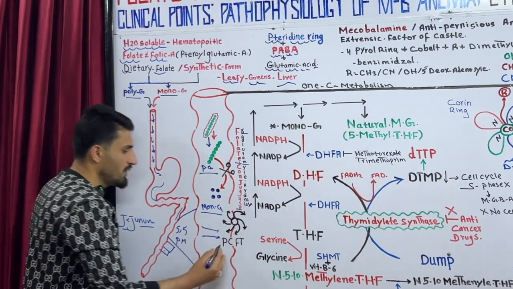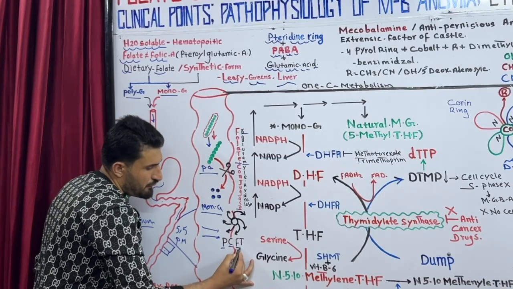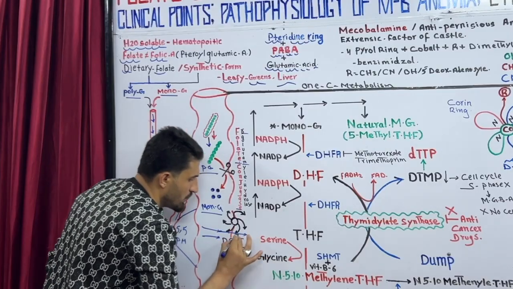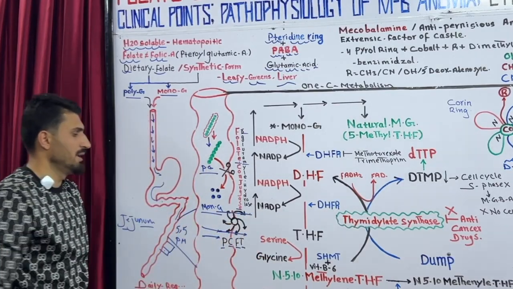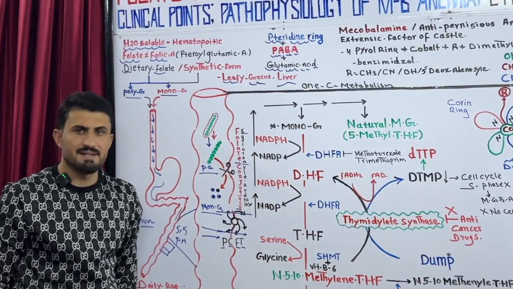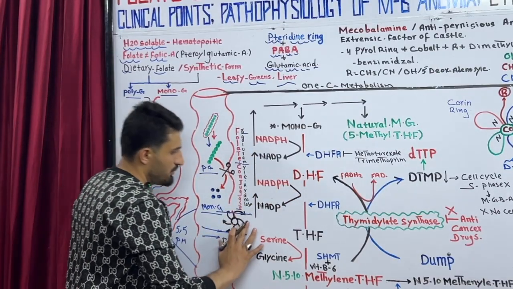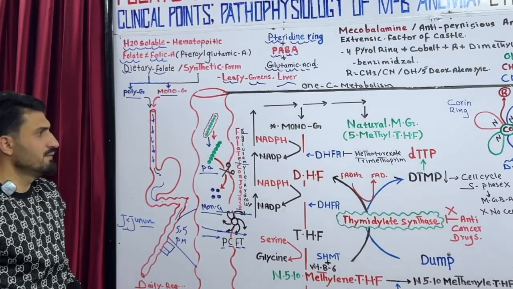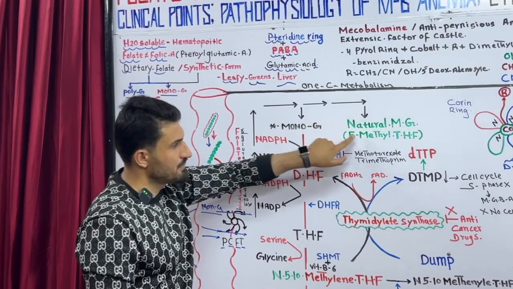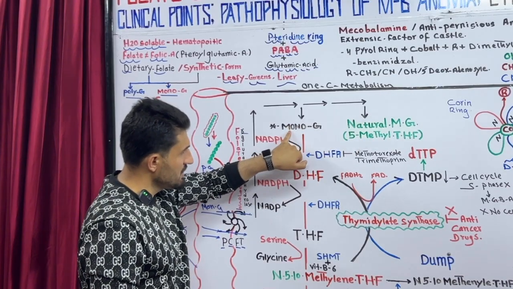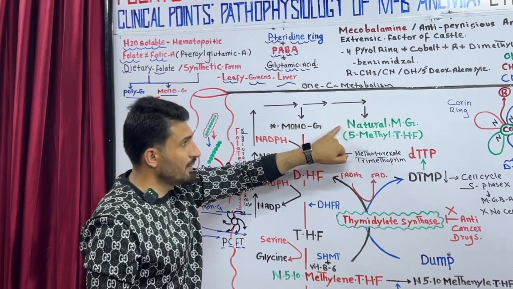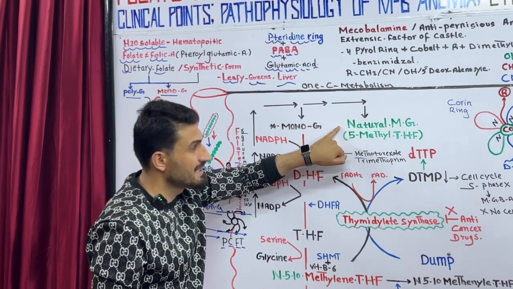The transporter is called proton coupled folate transporter, or PCFT. So now it will transport this monoglutamate folate or folic acid inside the jejunal cell. Now we have monoglutamate folic acid or folate here. So now inside the jejunal cell we have two types of folate. One is monoglutamate folic acid, which is the synthetic form. Another one is monoglutamate folate, which is the natural form.